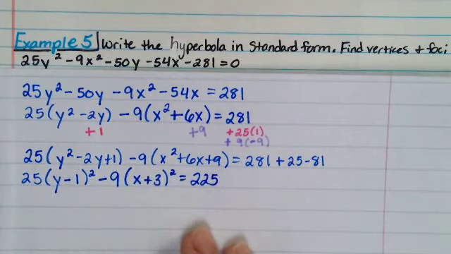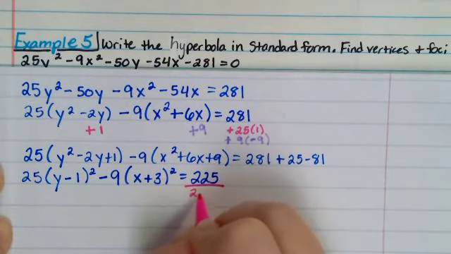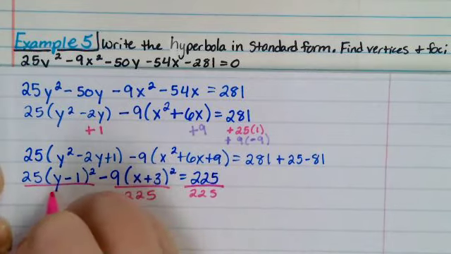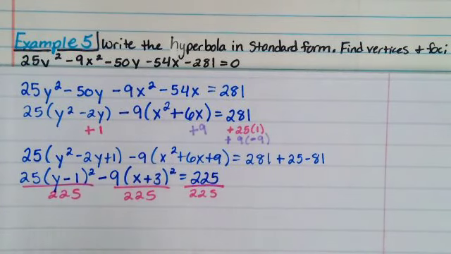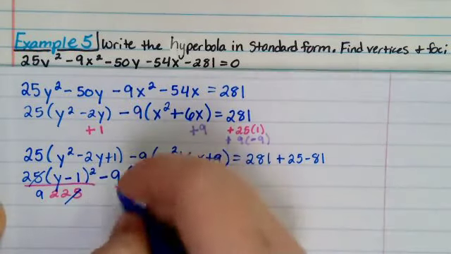Okay. Next thing, still not quite in standard form. We're getting close. We just need to divide through by the 225 so that I have it equal to 1 on this side. So we're going to divide by 225. That's going to simplify, leave me with a 9 down here.